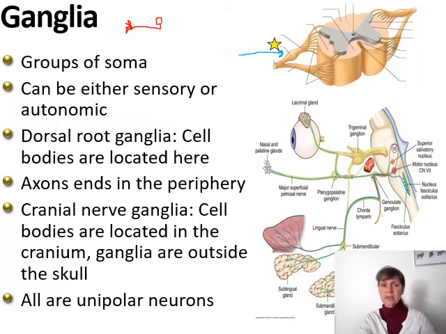Here's the soma, and then the fiber continues to synapse with a second order neuron, because this would be the first order neuron. And there's usually 3 neurons involved in getting information up to the primary somatosensory cortex of the brain.